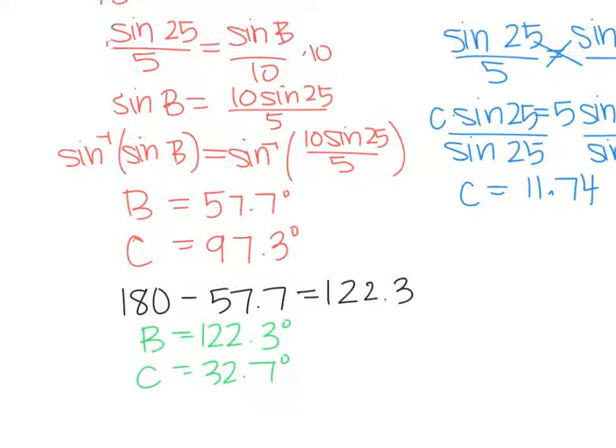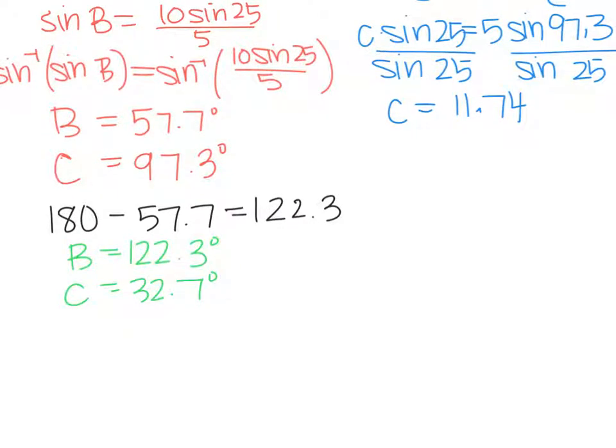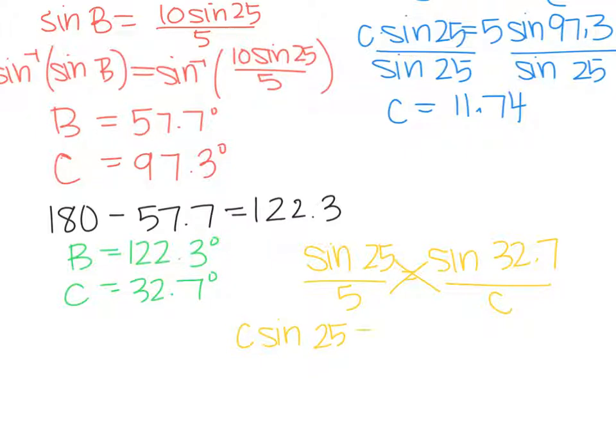So now to solve for side C, we're going to set up the same trig ratio with sine of 25 over 5 equals sine of 32.7 over C. We're going to cross multiply, so we get C times sine of 25 equals 5 times the sine of 32.7.